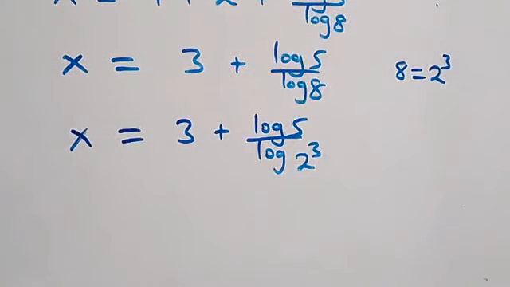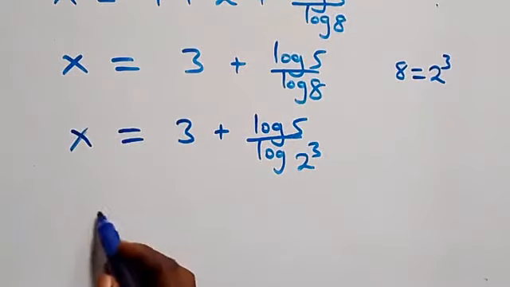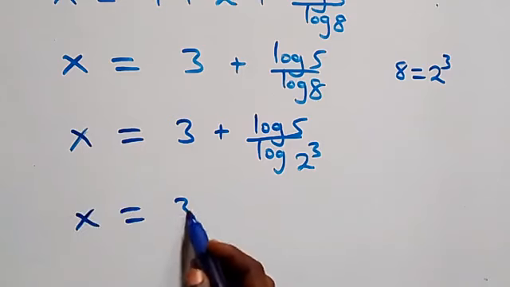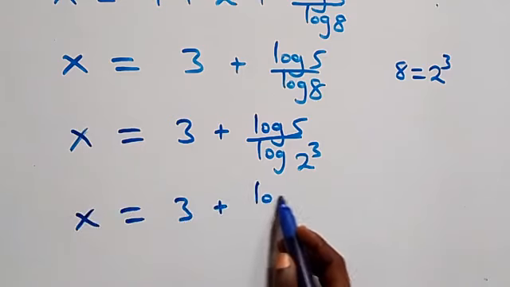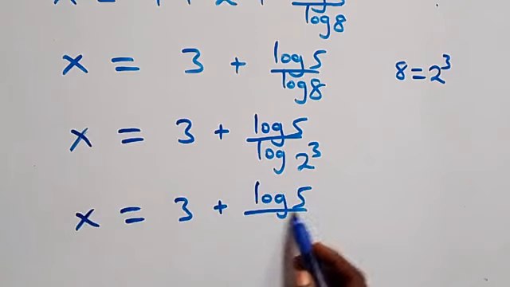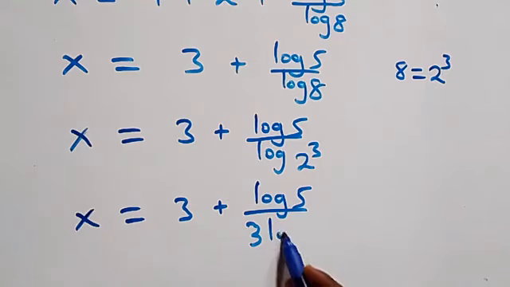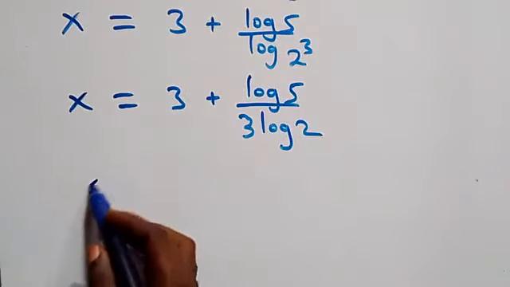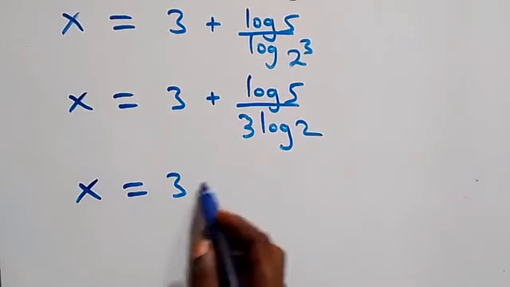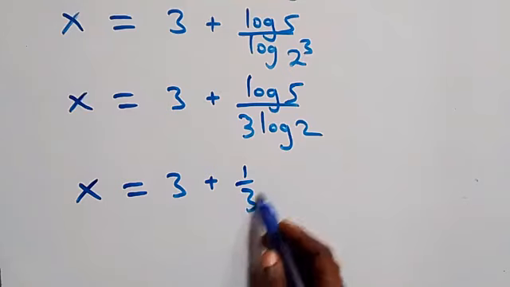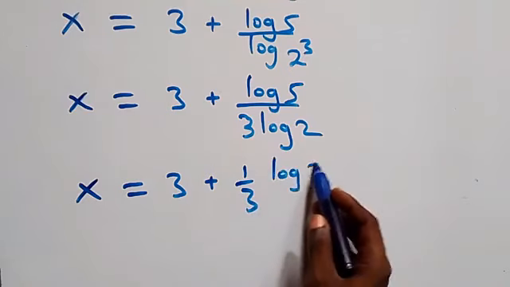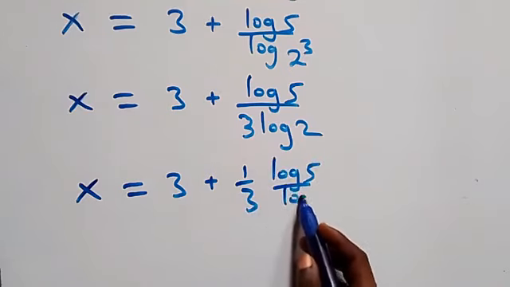And when we apply the power law of logarithm, 3 comes here and we have x equals 3 plus log 5 over 3 log 2 here, which also can be written as x equals 3 plus 1 over 3 log 5 over log 2.